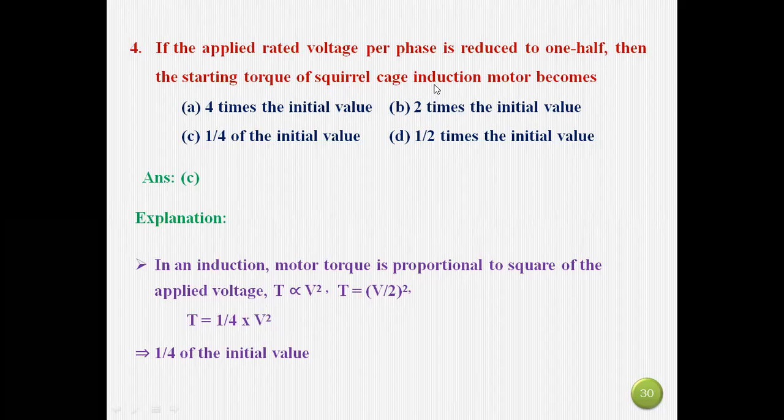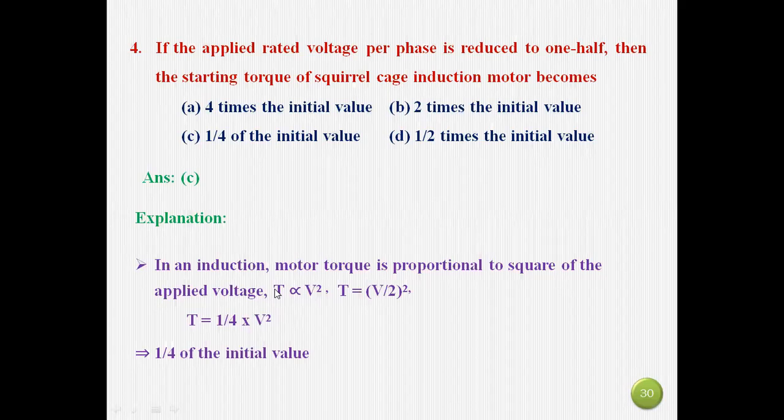Here you are supposed to find the value of starting torque of squirrel cage induction motor. We have the formula, but here we only need to find how the applied voltage is related to the torque.